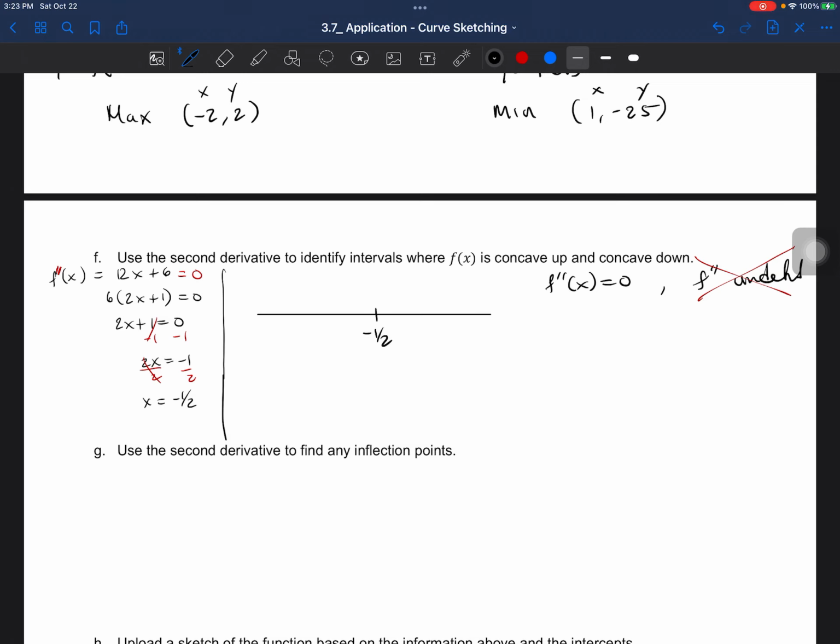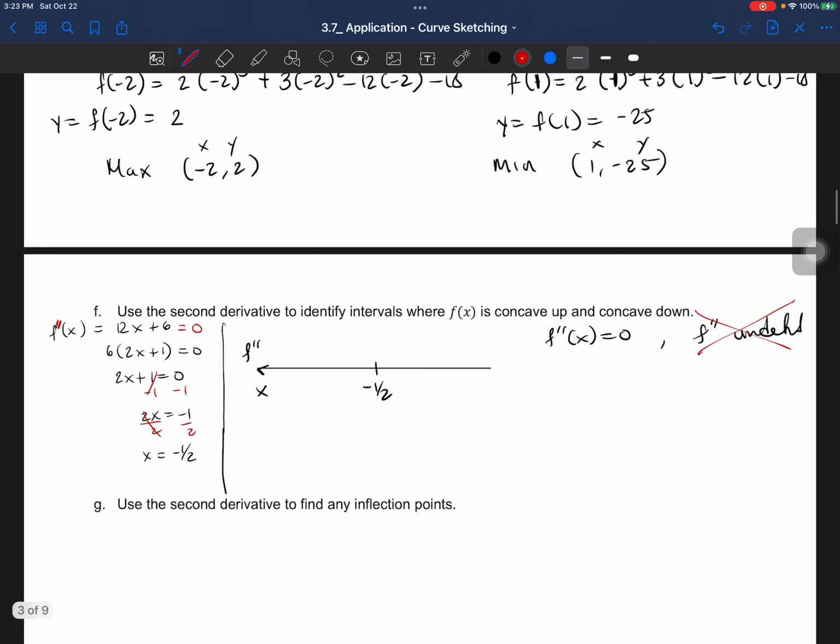The number line that we're going to have here to find the concavity of the function is going to depend on negative 1/2, and any vertical asymptotes, but we already mentioned that there are no vertical asymptotes. So this is your x value, and what we're looking for is the actual value of the second derivative. Since the way we found this possible point of inflection is by setting the second derivative equal to 0, we already know that this is going to be 0 for the second derivative.